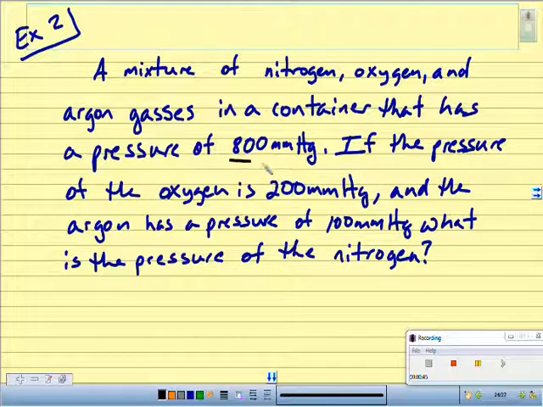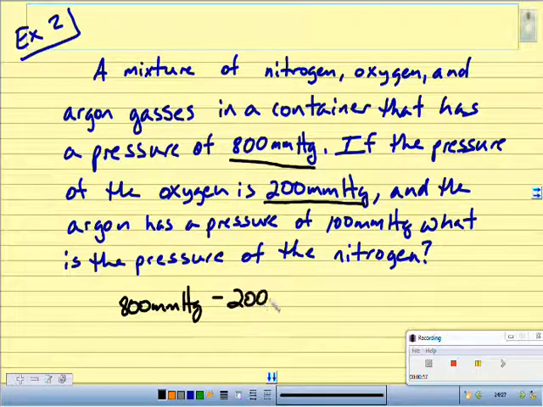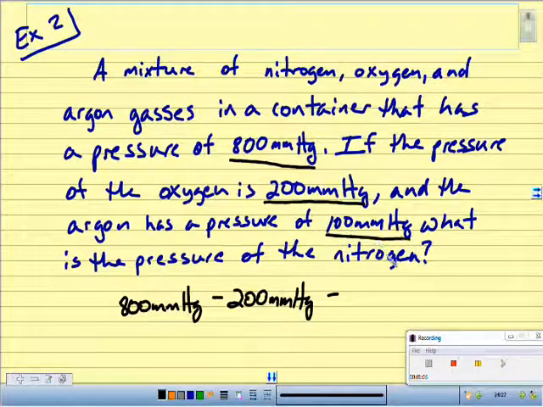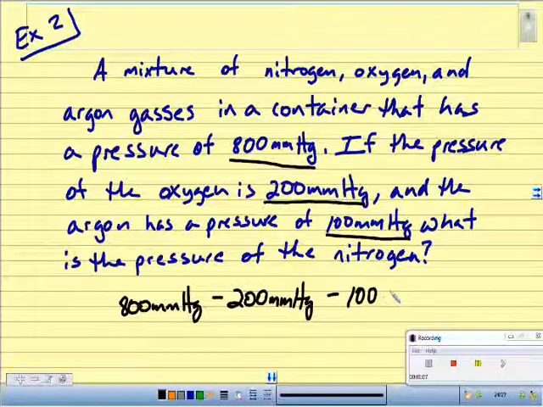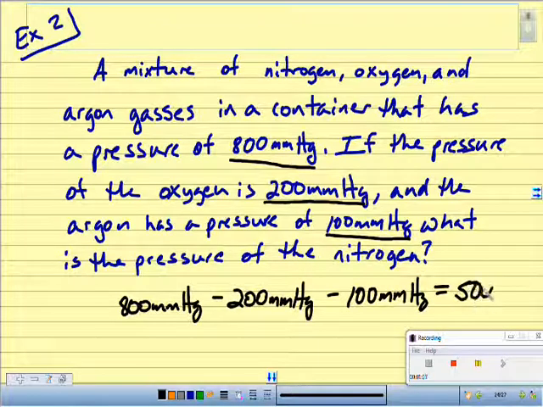So the total pressure here is 800 millimeters of mercury, minus the pressure of the oxygen, which is 200 millimeters of mercury, minus the pressure of the argon, which was 100 millimeters of mercury. So 800 minus 200 is 600, minus 100 is 500 millimeters of mercury.